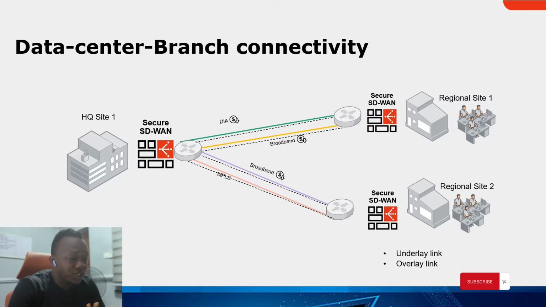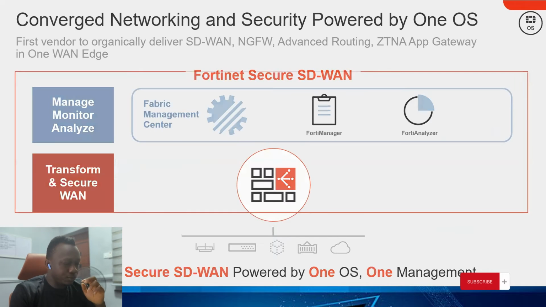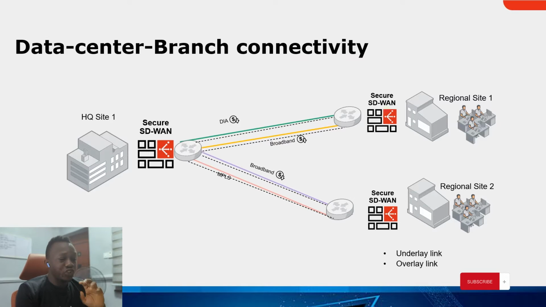So some terminologies that you would come across in SD-WAN are the underlay link and the overlay link. The underlay links are just the links that are terminated directly on the FortiGate device. So each of the branches, let's say region 1 and region 2 and the headquarters, we have a FortiGate device as their edge.